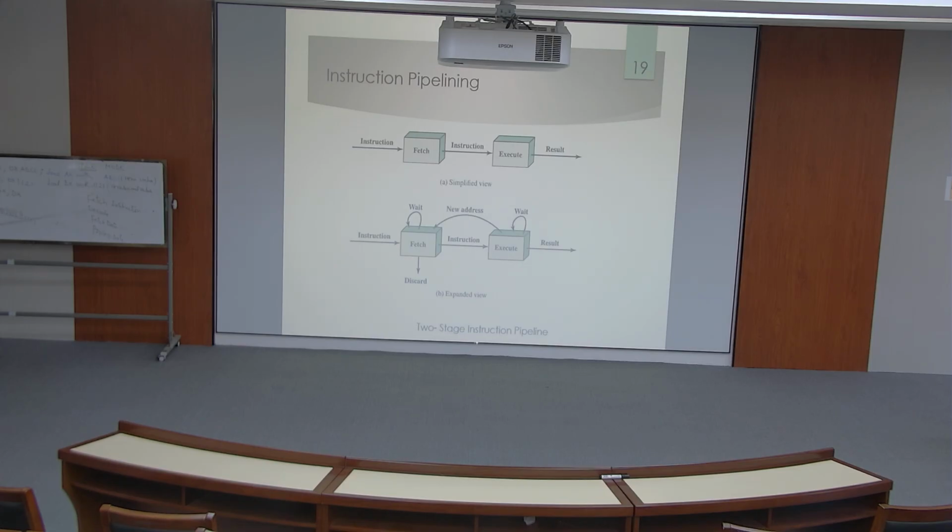Now, instruction pipeline. The pipeline technique is very important because it allows the microprocessor to execute multiple instructions at the same time, I mean multiple instructions in the same clock cycle.